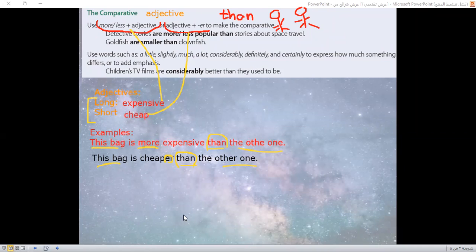I'm going to use the adjective organized. Okay, so the adjective is organized.